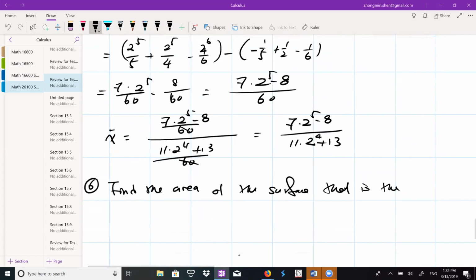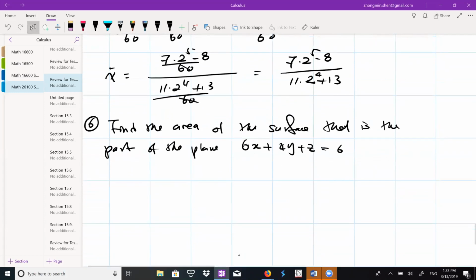That is a part of the plane 6x plus 4y plus z equals 6 that lies inside the cylinder x squared plus y squared equals 25.